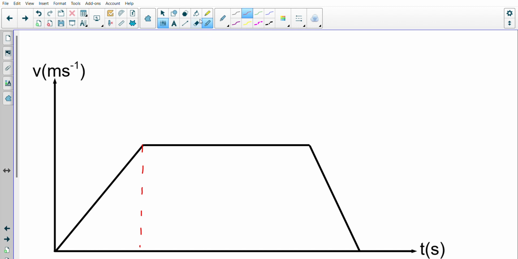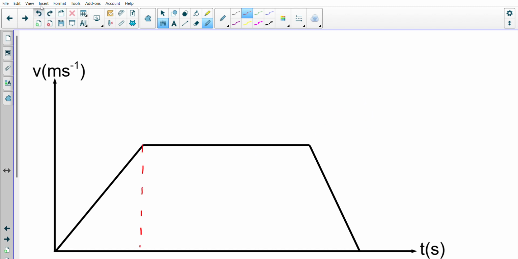I could work out the distance or displacement underneath the graph, or the total distance travelled, by doing the area underneath the graph. So in this case it will be the area of a trapezium that I could use, or split it up into a rectangle and two triangles.